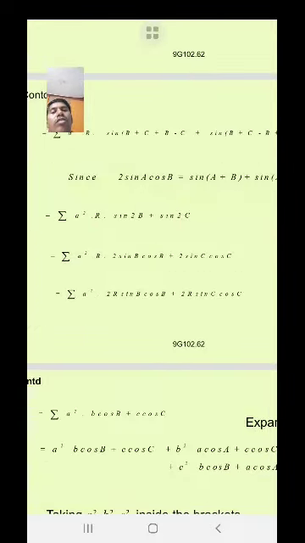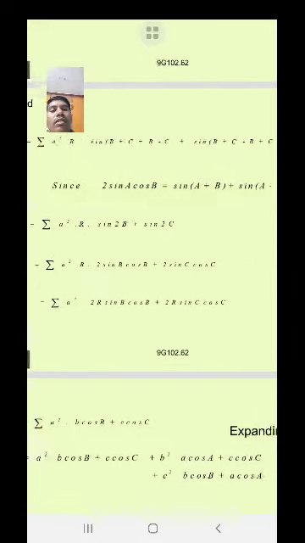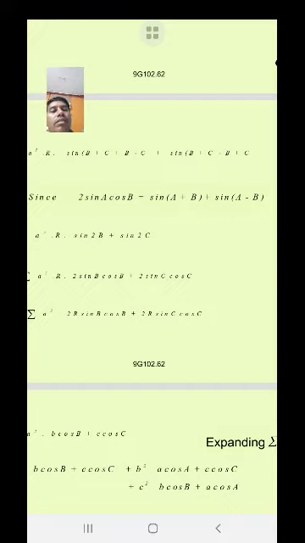Next, that equals sigma a square into capital R, and here open the bracket. So c and c get cancelled, then b plus b gives sine 2b. And in the second term, b and b get cancelled, so c plus c is 2c, therefore sine 2c. So sine 2b and sine 2c should be kept in a bracket.